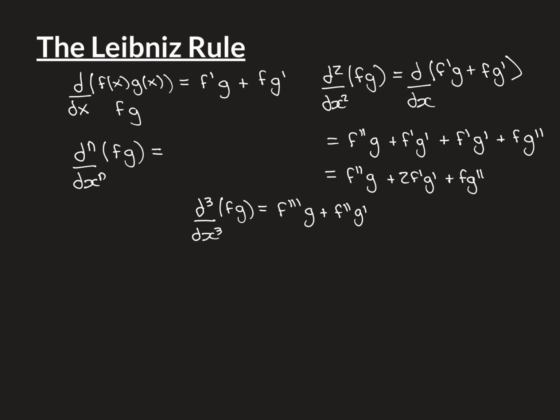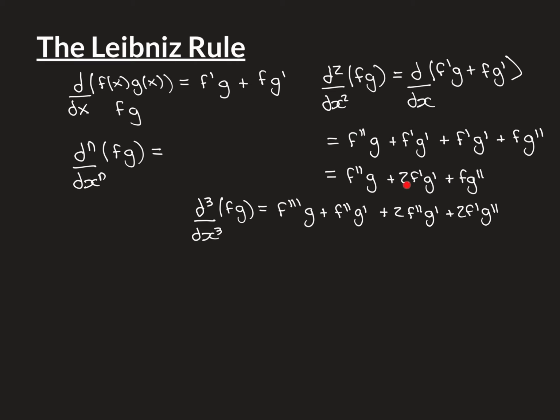This term comes from differentiating this, not differentiating this, and this second term comes from not differentiating this and differentiating this. And then similarly with the other terms. We've got a 2 that we mustn't forget, so the 2 must stay. And then we're going to get 2 f double prime g prime plus 2 f prime g double prime.